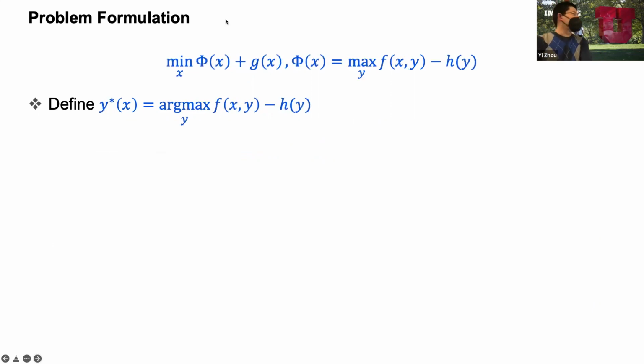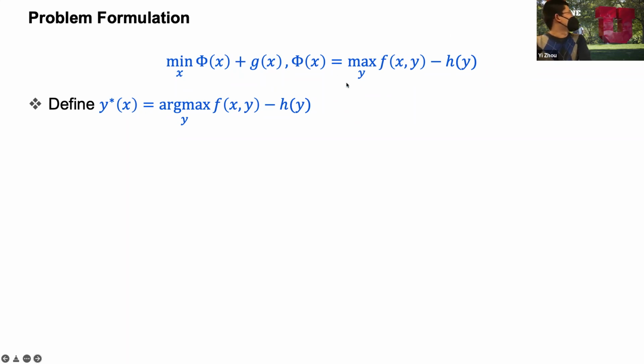Okay, so let's look at this reformulation. We just rewrite that minimax problem into this minimization problem. The maximization part is hidden inside this phi function. So this is just a reformulation. Now, under the previous assumptions, we know that this maximization problem is strongly concave because we assume f is strongly concave in y.